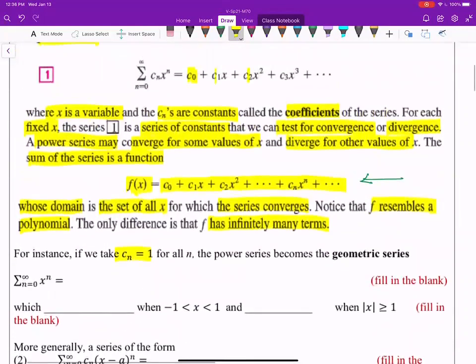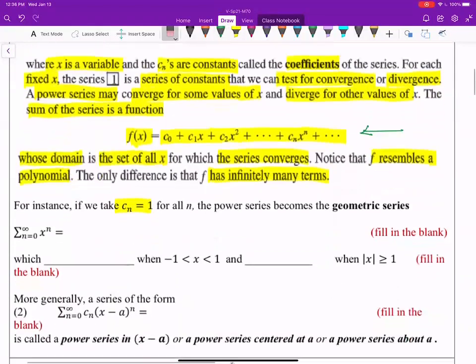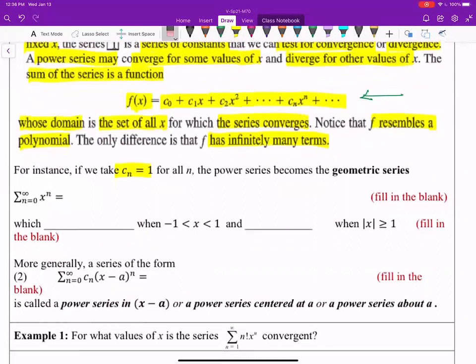That gives 1 plus x plus x squared plus x cubed, and the nth term is x to the power n, and so on.